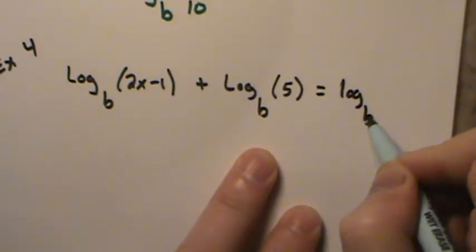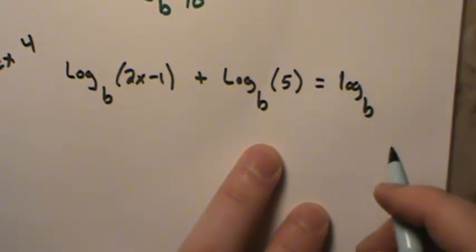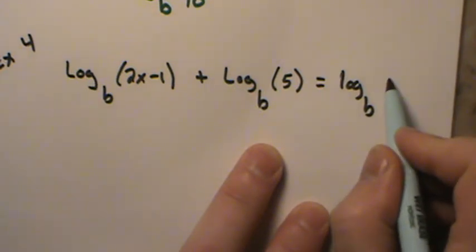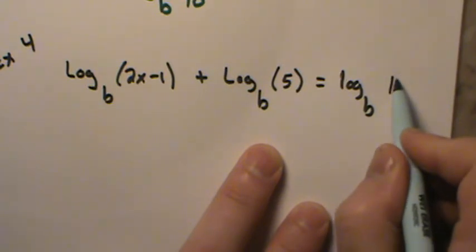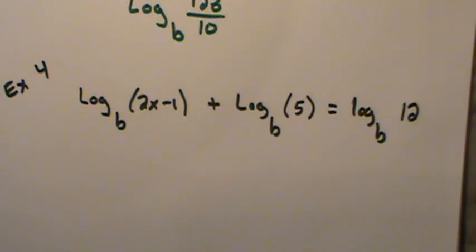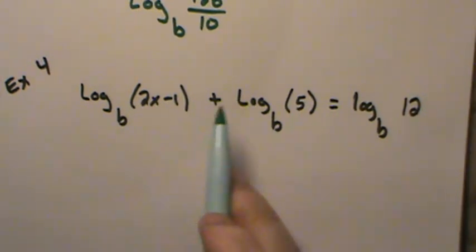log base b of, I don't know, let's go 12. Let's see what that does for us. So the way that this is set up, because it's an addition, I can actually multiply this.